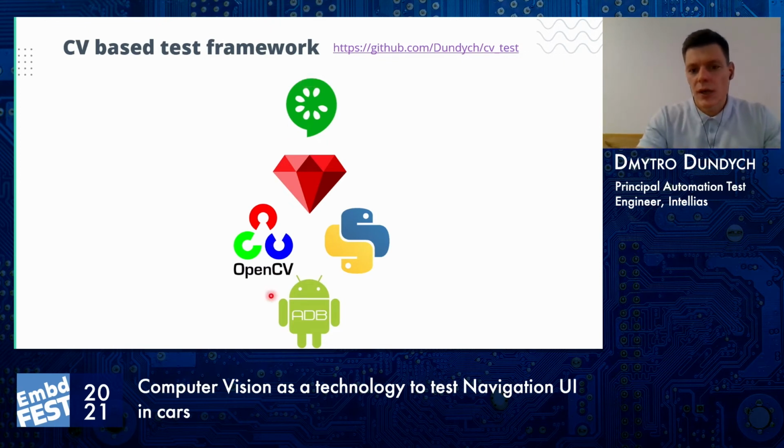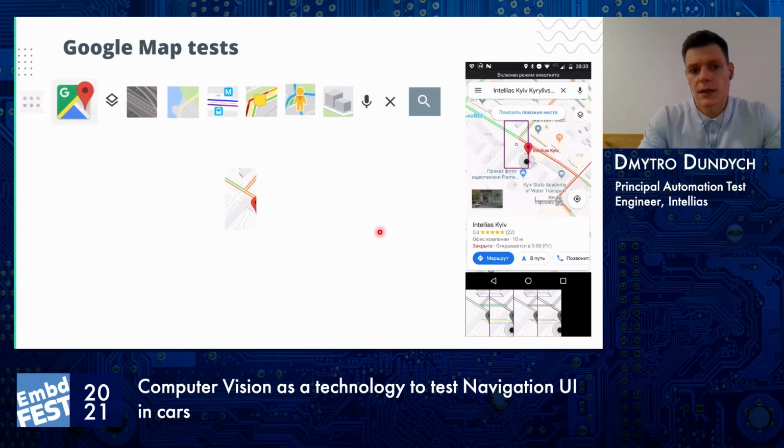You can just pick the technologies that you use. For example, it could be Java, or another language like JavaScript for automation. But this part, OpenCV and Python, you could use for computer vision, for some image testing.